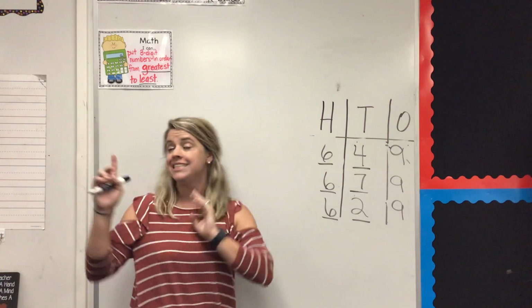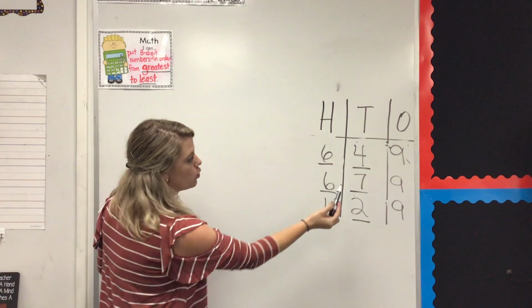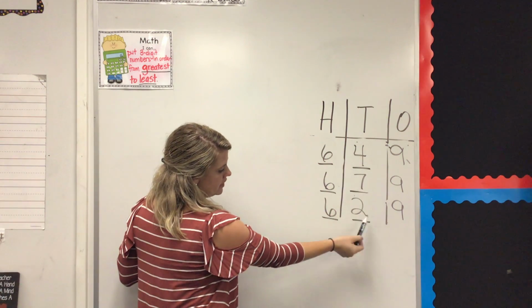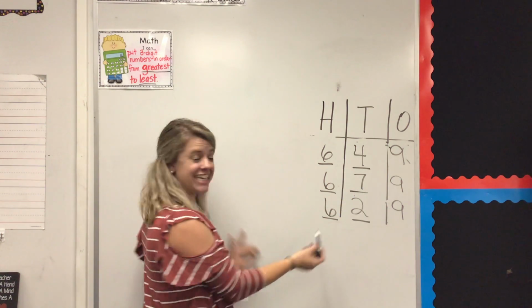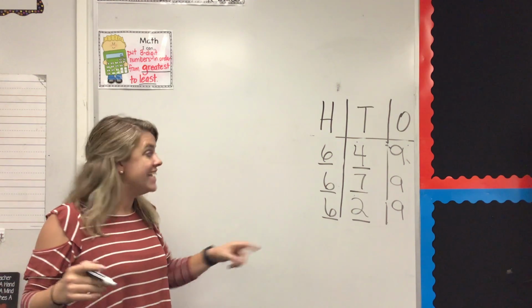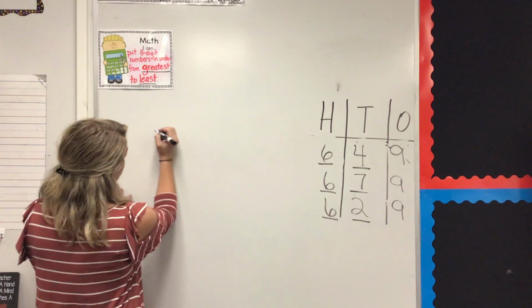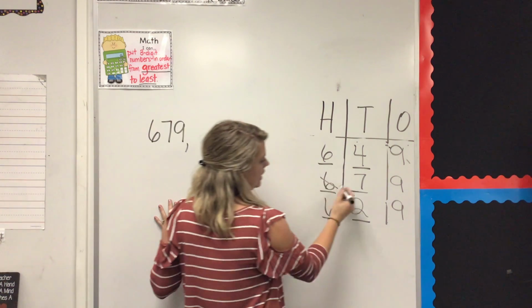Now remember, today we're going from greatest to least. So we're looking at 4, 7, 2. 4 tens, 7 tens, or 2 tens. Which one is the greatest? 7 tens. Very good. So our first number would be 679. Okay?